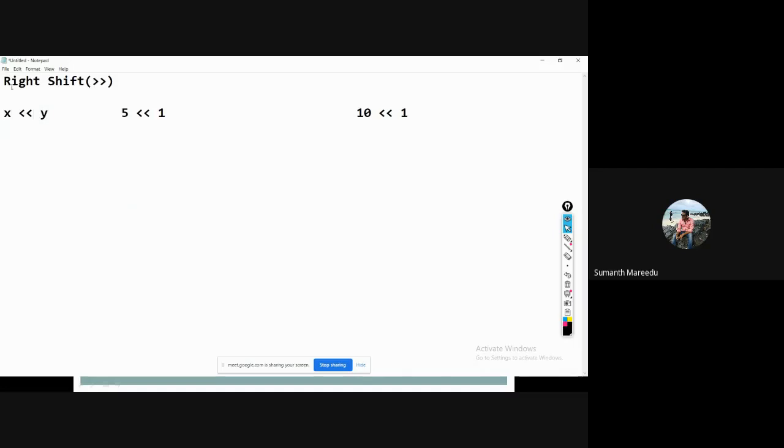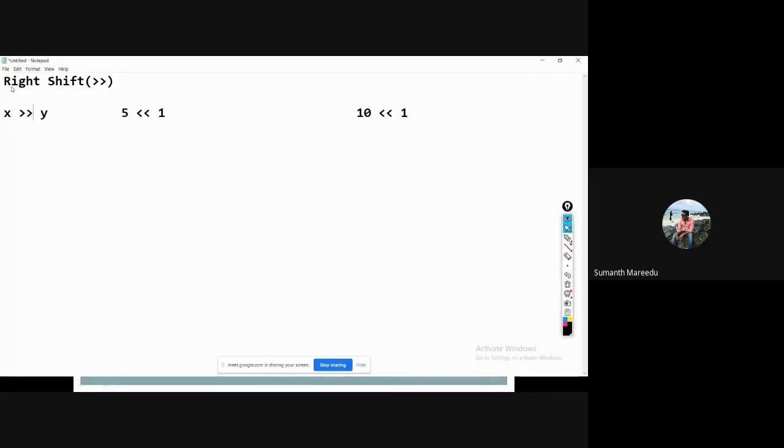It is the same as this: the number x will be converted into binary, and those binary values will be moved towards the right side by y positions. If y is 1, they move right by 1 position. If y is 10, by 10 positions. If it is 0, no change.